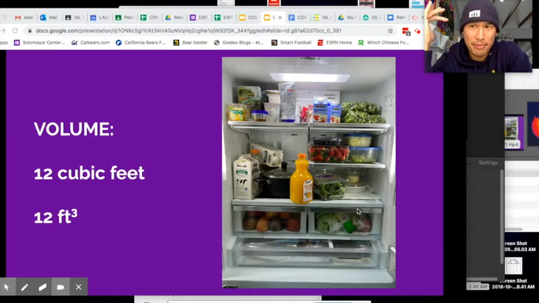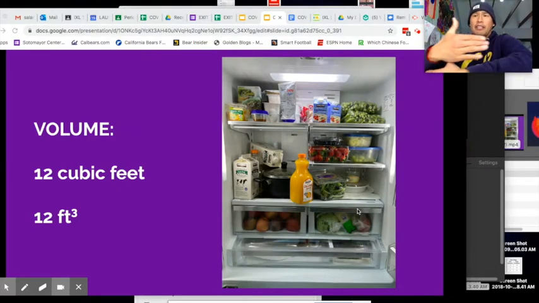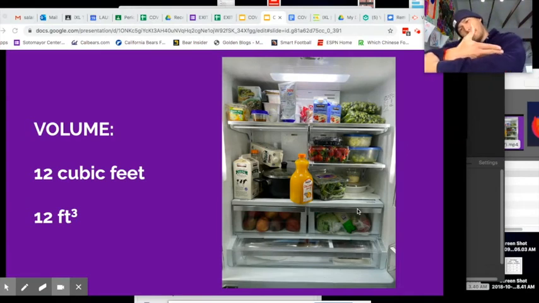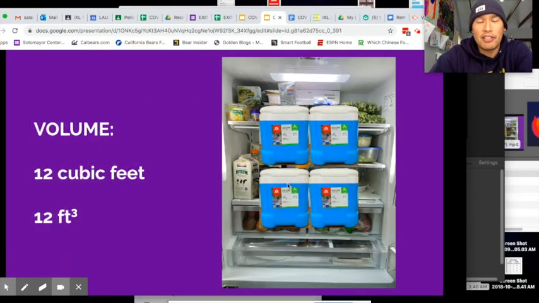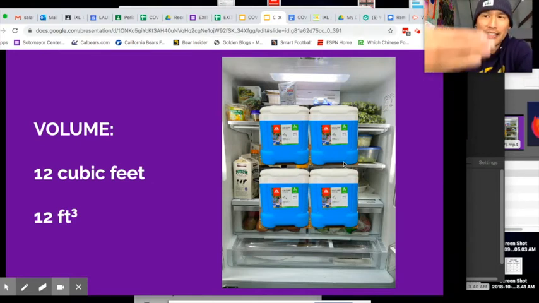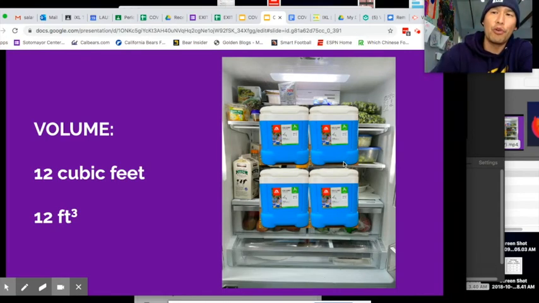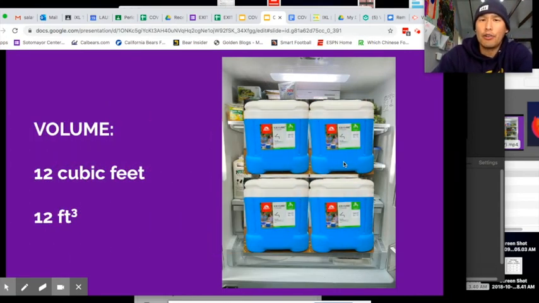So let's bring it back to my fridge. My fridge is 12 cubic feet. You know, my cubic foot is about the size of a cuddly cooler. So what that actually means is if you can imagine me putting those coolers into my refrigerator, I would stack 2 on top of each other. So I'd have a stack of 4. I'd push them all the way back to the back of my fridge, and I'd still have room in front for another 2 more rows of coolers.